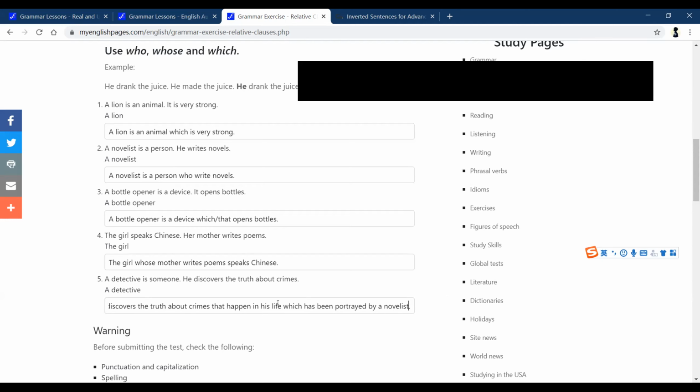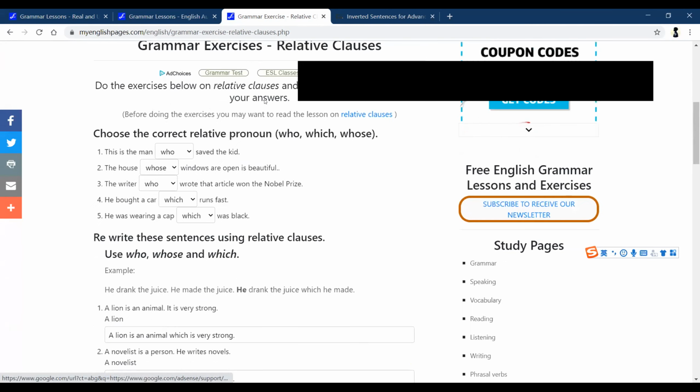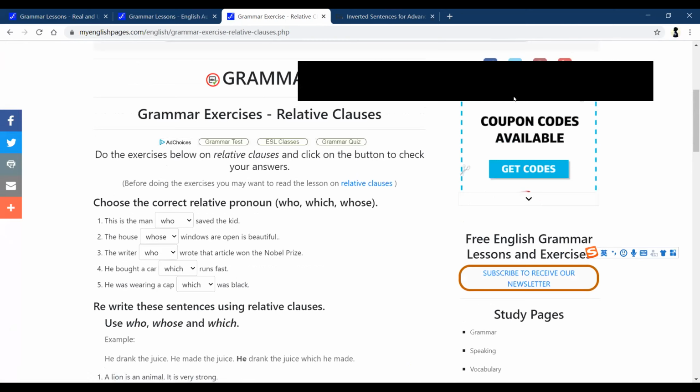So this is to say his life has been portrayed by the novelist. So this is how the relative clause is powerful and interesting here, and it's enough for the grammar exercise for the relative clauses.